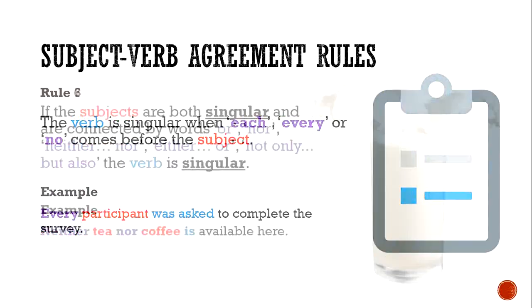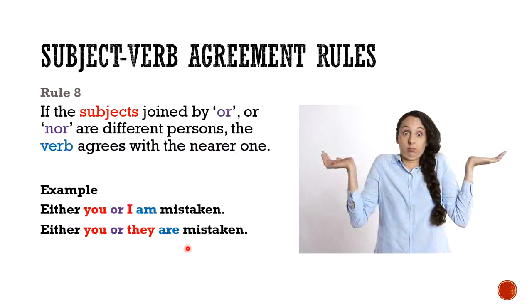If you notice this slide, you will see that we are using these conjunctions or, nor, but they are helping to join different persons. The verb agrees with the nearer one. What does it mean? Let us look at this example.